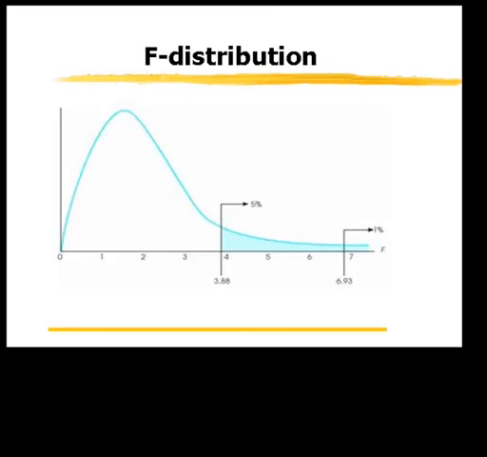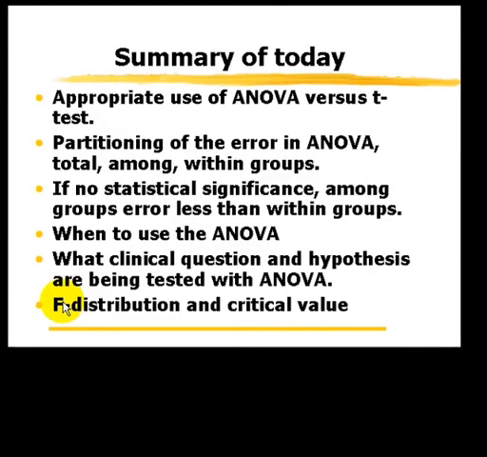So in the F distribution, in most cases, we're going to be looking at an F value of approximately 3.88, and a 1% accepted error is 6.93. So these are a couple of values that you would want to keep available to you, the 3.88 and the 6.93.